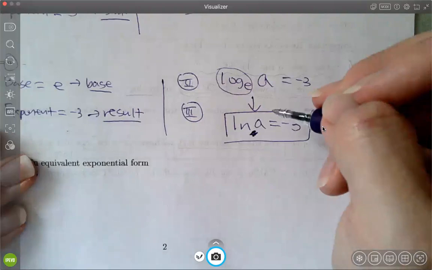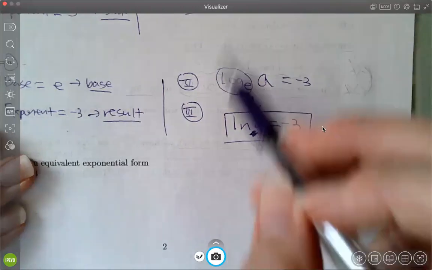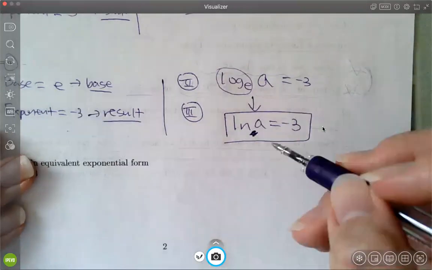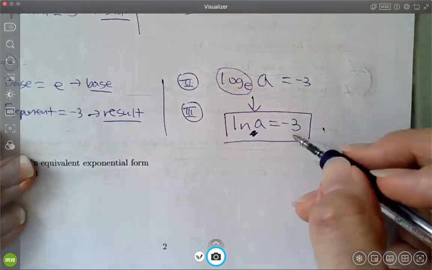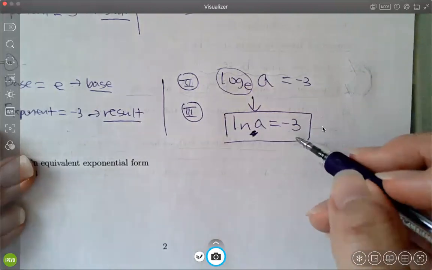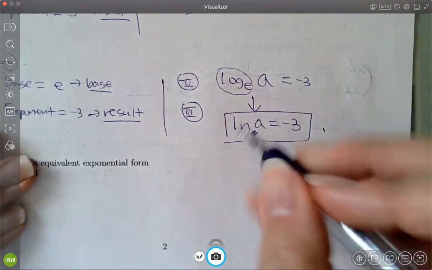As long as you have identified your base and exponent and you have placed them properly in the right spot, you're good to go. So this might be false. Well, actually, I know the result, this is true, this is possible. But as long as you identify your base and exponent, you're good to go.